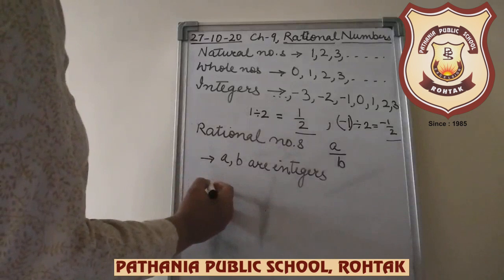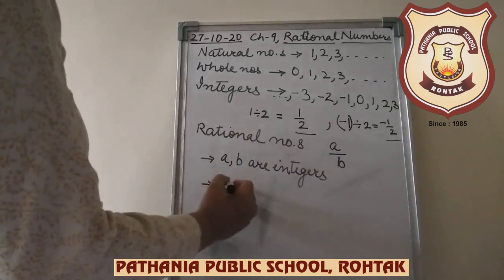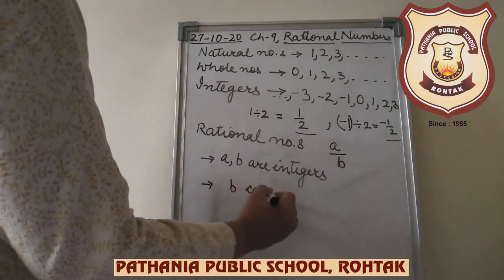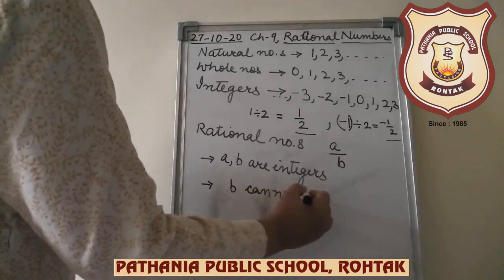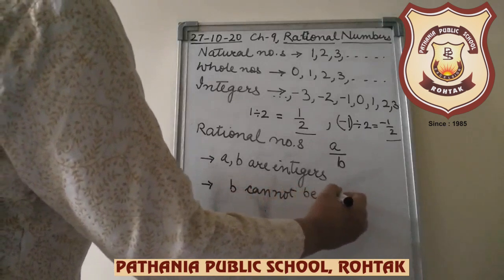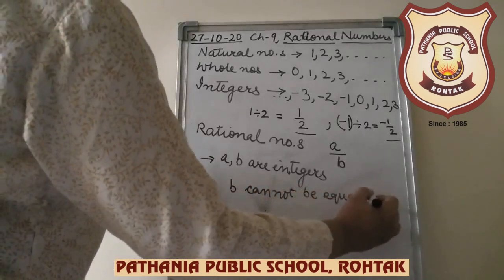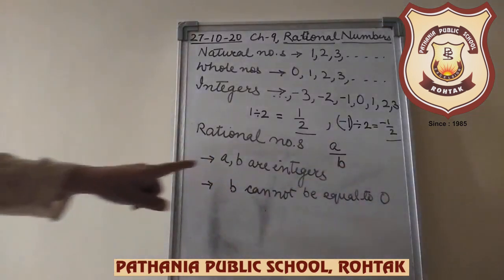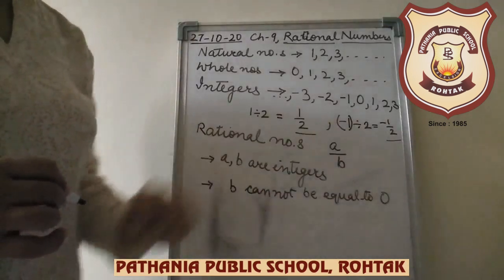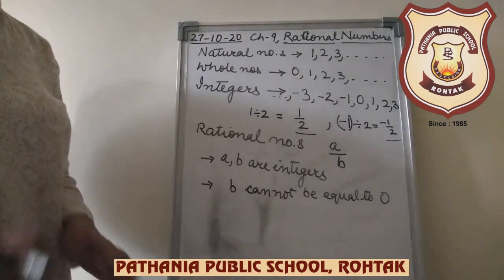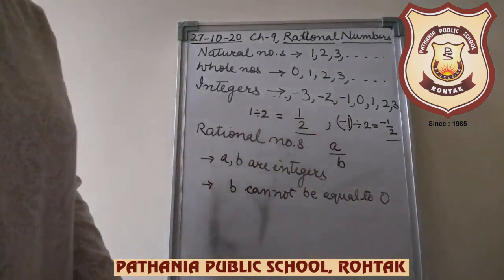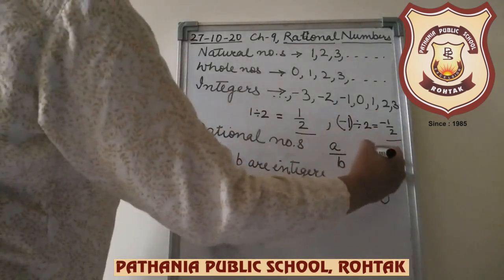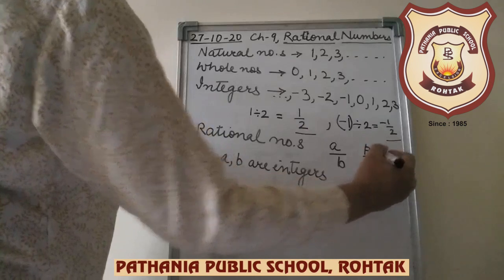Then the next very important thing is b cannot be equal to 0. The value of b cannot be 0. Is this clear to everyone? Now, in your book, a rational number is written as p upon q.